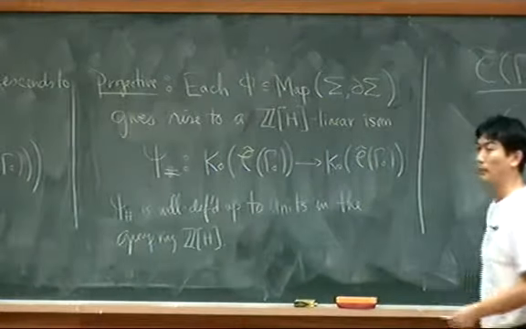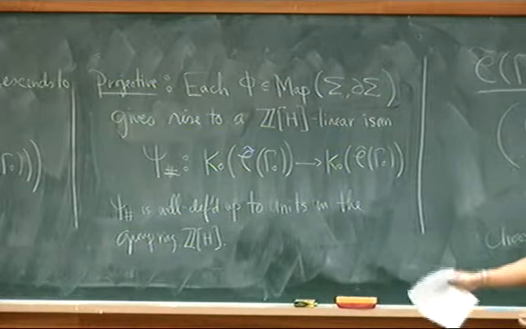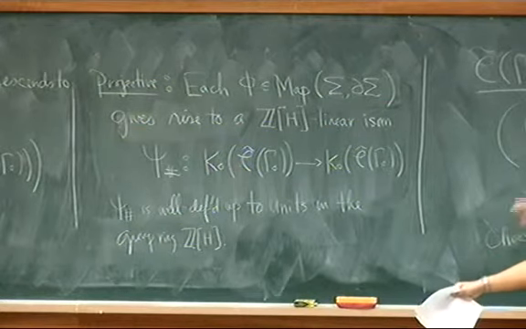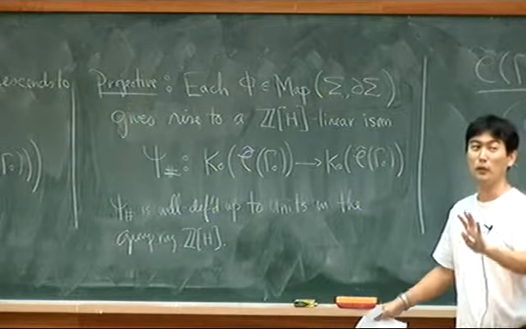Whenever you have some sort of representation, if you write down a matrix, the matrix is not completely determined. It's determined up to multiplying by some unit in front of it. And this is usually called a projective representation.